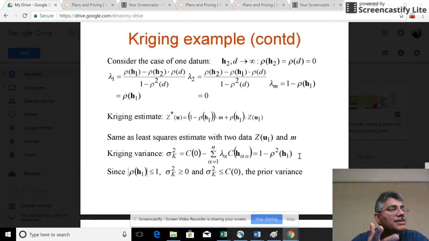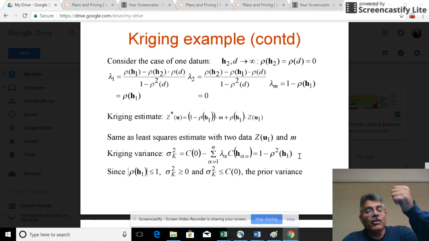But the fact of the matter is that in most estimation situations, data are not redundant. They will have some chatter. And so with the estimation variance, you have to be very careful about making conclusions about whether it'll go up or down.